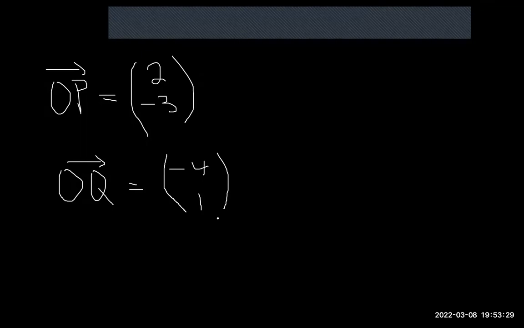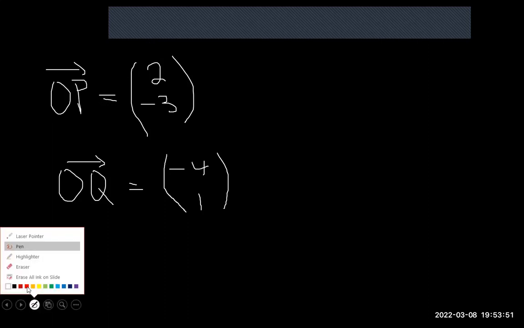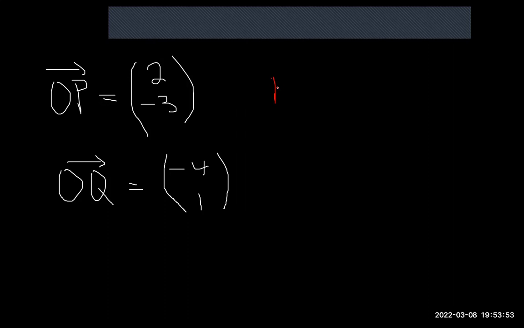Instead of giving your answer in terms of i hat and j hat like we did before, leave it as a column vector. Why? Because they started off giving you column vectors, so just leave it as a column vector, right? But if they gave you i hat and j hat, then write your answer in terms of i hat and j hat. So first thing we're doing, finding PQ.